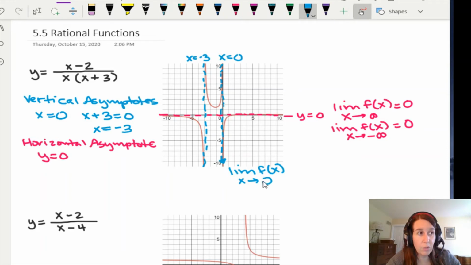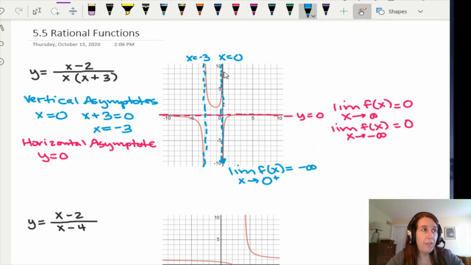That vertical asymptote was 0, right? x is approaching 0 from the positive side, also known as from the right. So you put a little plus sign right here, and the graph is going down, so the answer is negative infinity.